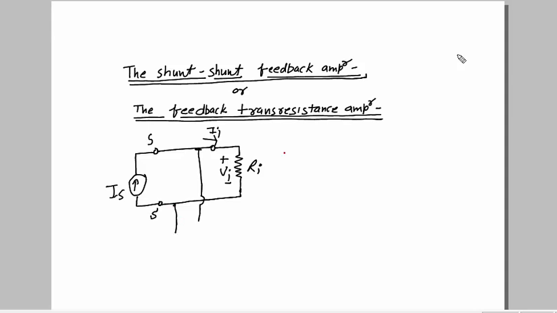The output side will be a voltage of value A Ii, and then the output resistance R0 of the basic amplifier.